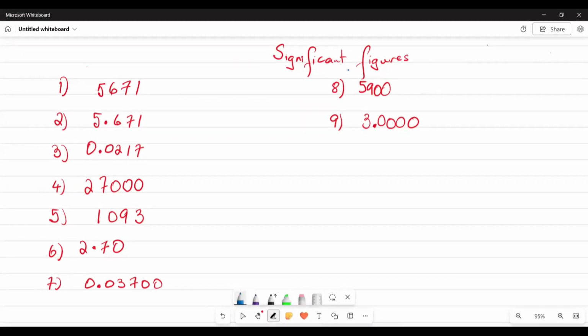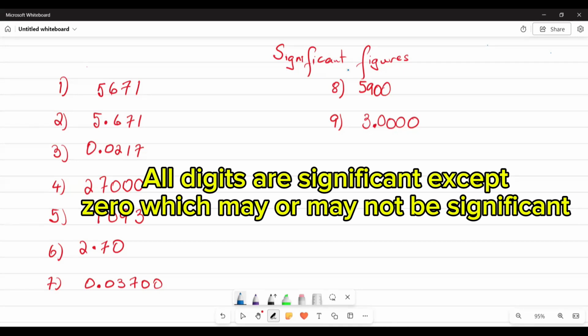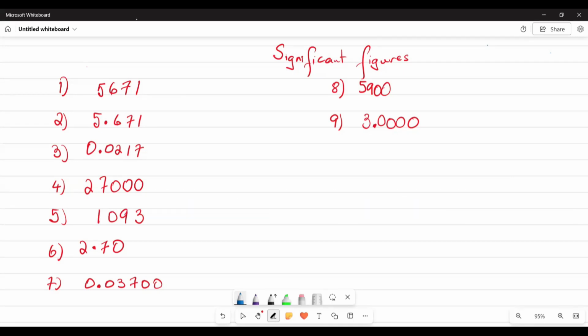All right. So we want to look at significant figures. So rule number one, we want to note that all digits are significant except 0, which may or may not be significant. So let us take a look at this first case. We have 5671. And as you could see, all non-zero digits are significant.